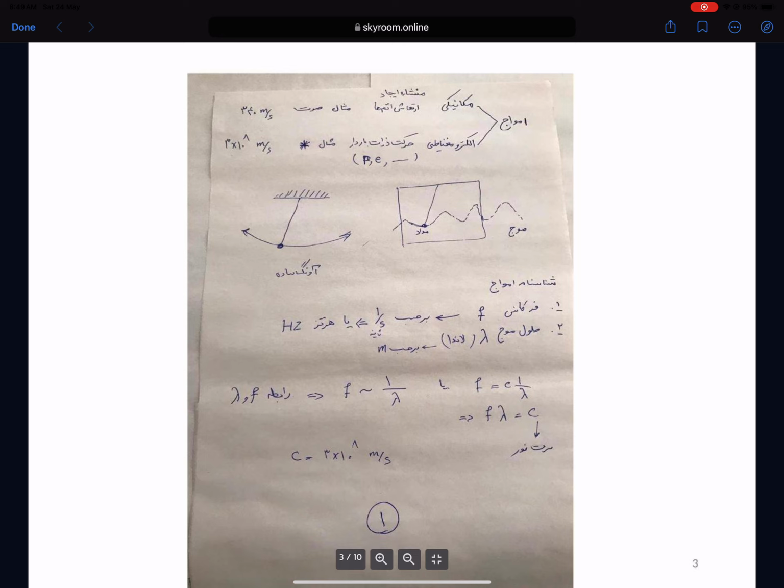So moving the electron is very easy, but movement of a proton is very difficult. So we can say in simple words that the origin of electromagnetic waves is just moving the electron. So the source of electromagnetic waves in the world is the electron.